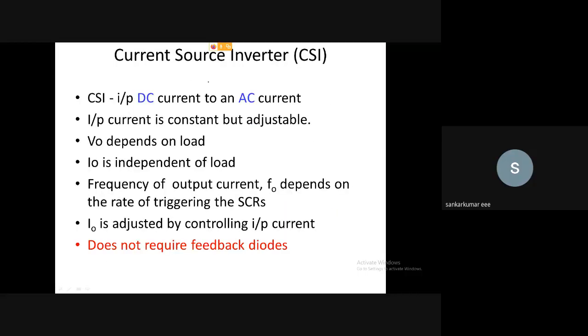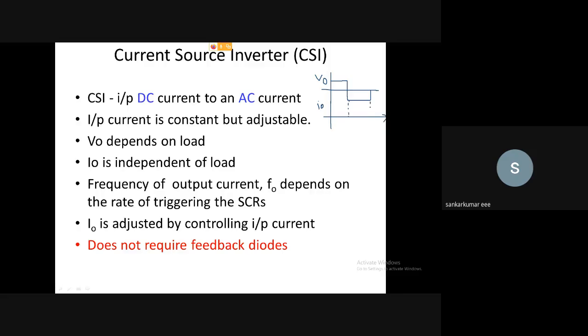Already I told you about the voltage source inverter. Voltage source inverter means the output voltage and the input voltage will be constant and the current will vary according to the load. So in voltage source inverters, if the output voltage V naught is a square waveform, the output current I naught will be of varying nature depending upon the type of load we are connecting.